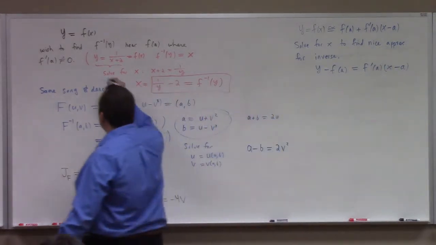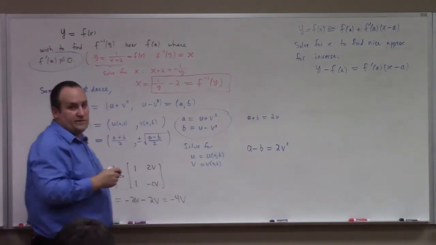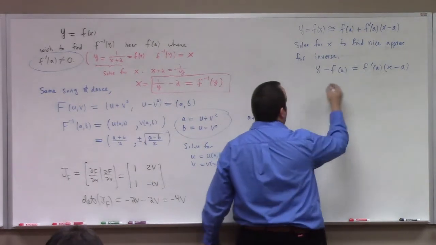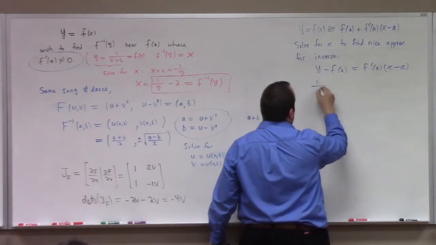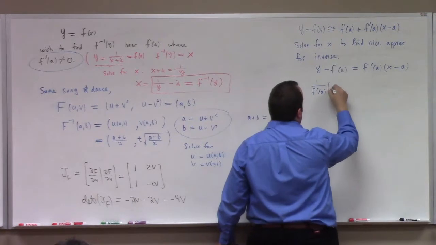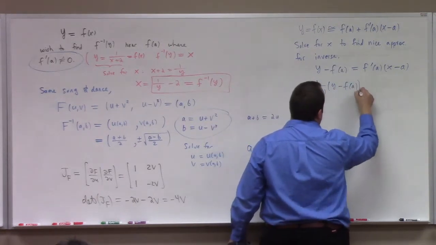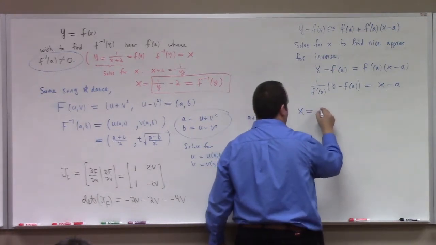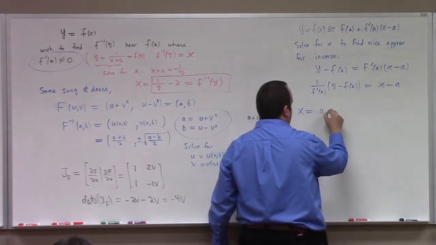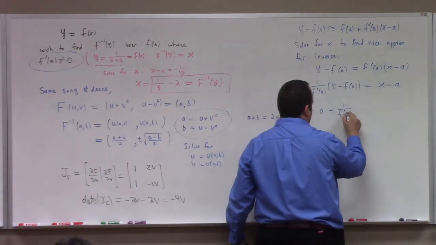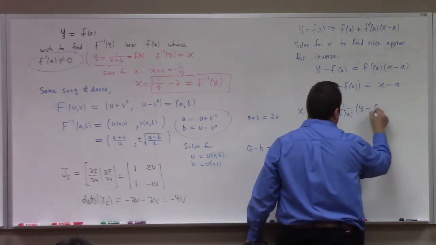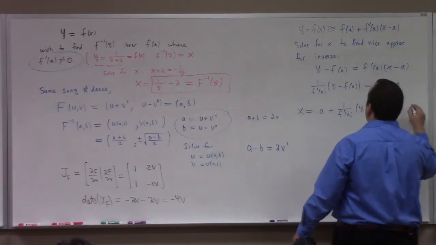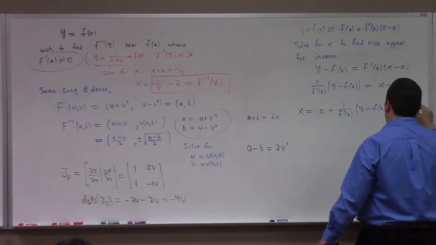Remember, I assumed the derivative is non-zero, which I motivated from our initial discussion of what a local inverse looks like. So you solve, we get 1 over f prime of a times y minus f of a is equal to x minus a. So there you go. x is equal to a plus 1 over f prime of a times y minus f of a. So this is approximately f inverse of y.